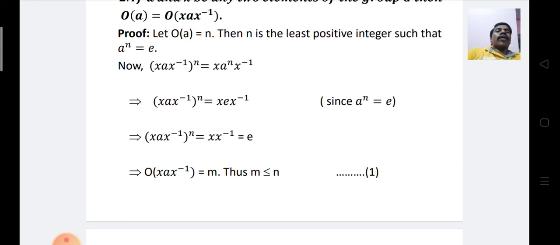This implies order of x a x inverse is less than or equal to n. Let the order of x a x inverse be m. Thus m is less than or equal to n.